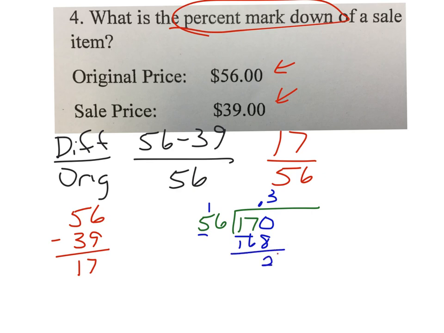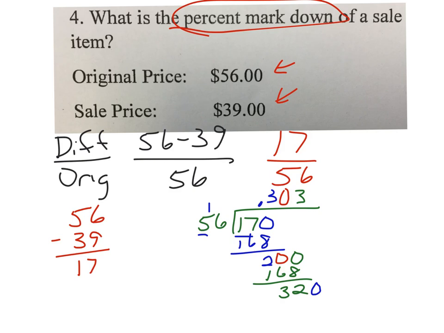So again, add a 0. 56 does not go into that, so that is a 0. You then add another 0, and that's going to go in there 3 times at 168 also, and your remainder is 32. So then we do it again. Add a 0, and that's going to go in there.